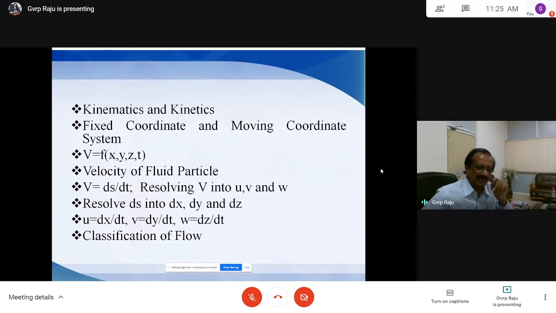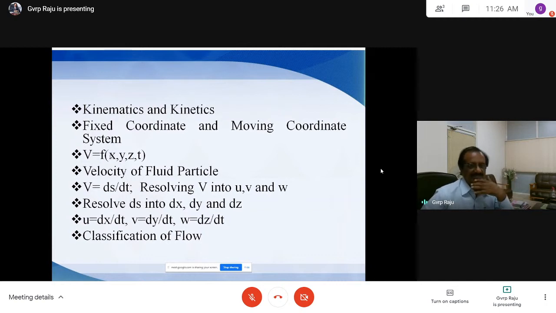When the fluid particles are many, each particle will have an instantaneous value of velocity, pressure and density. The fluid particles are different, and each particle will have its own value of pressure, density and velocity.